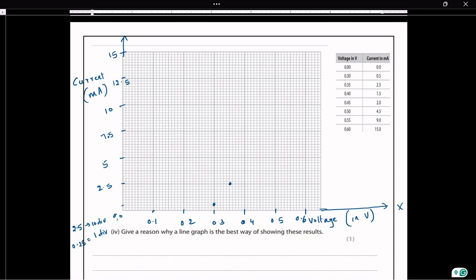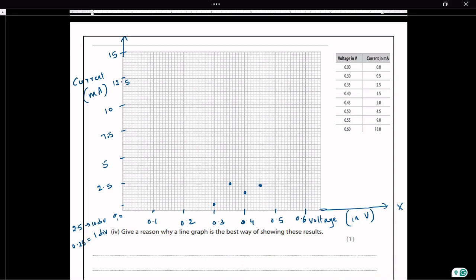Then 0.4 is 1.5, which means 0.25, 0.5, 0.75, 1, 1.25 and 1.5. So this is the point. Now 0.45, the number is 2, it is here.